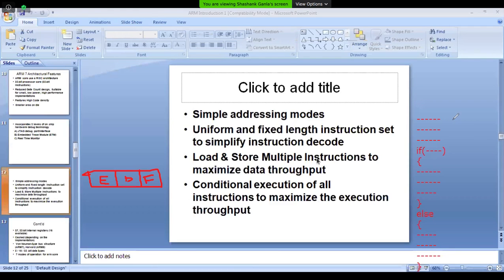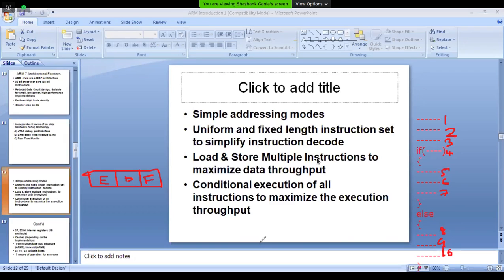So this is instruction 1, instruction 2, instruction 3, instruction 4, instruction 5, instruction 6, instruction 7, instruction 8, 9, and the 10th instruction. Let us consider this program.